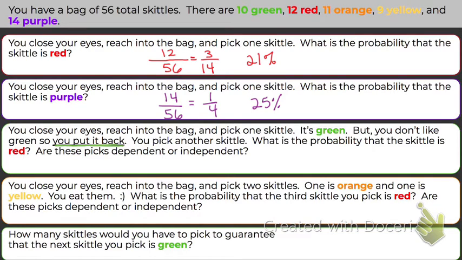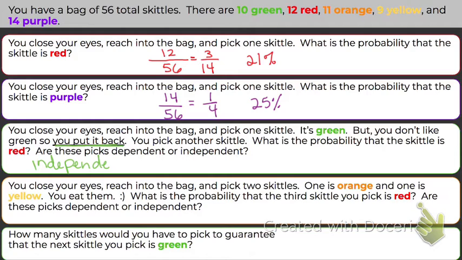So even though you picked one and it was green, you put it back. So picking that green one, since you replaced it, does not impact the probability of picking that red Skittle on your second try. So these picks are what we call independent events.